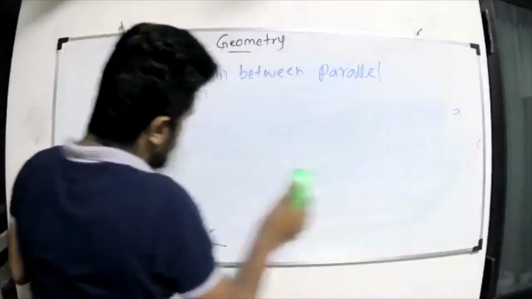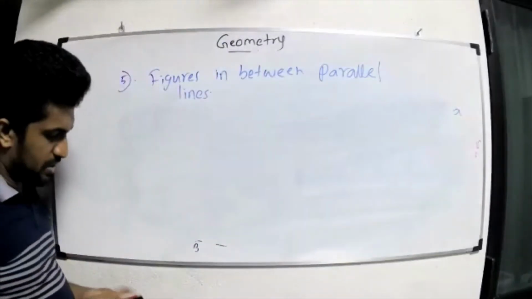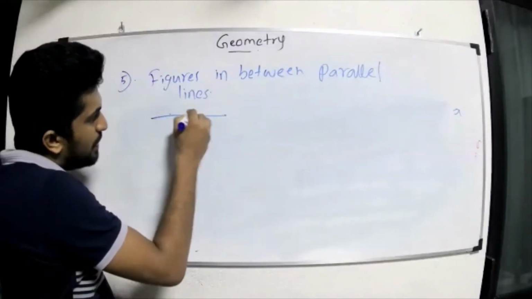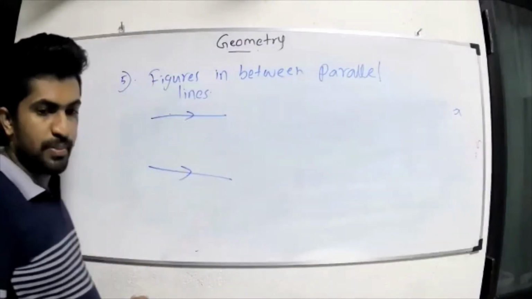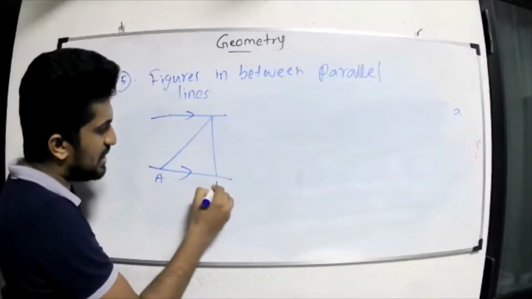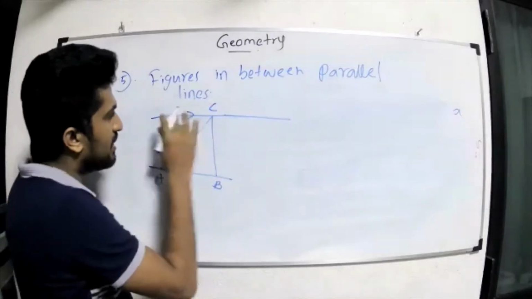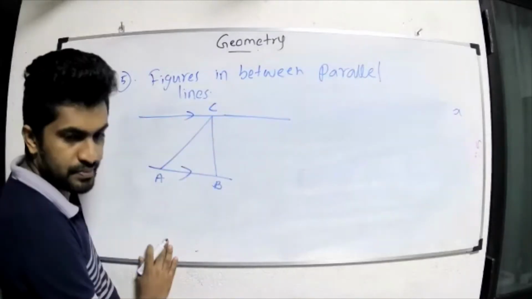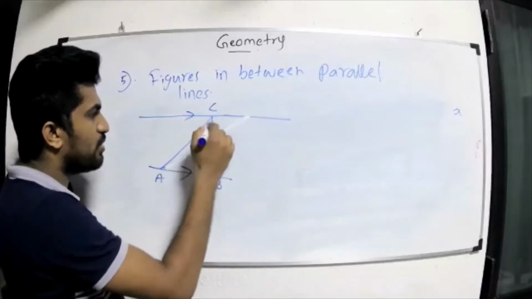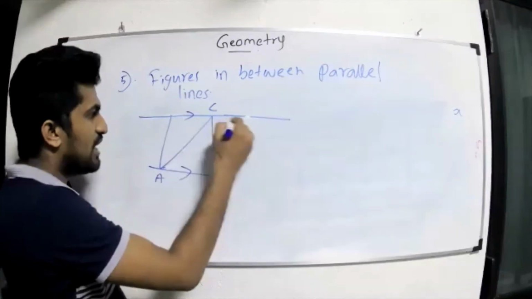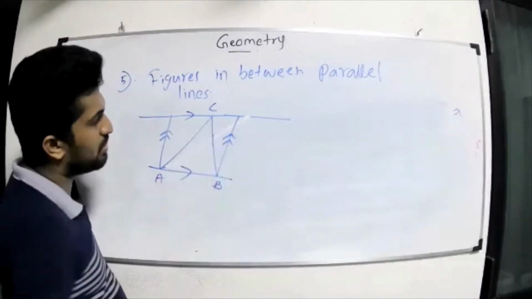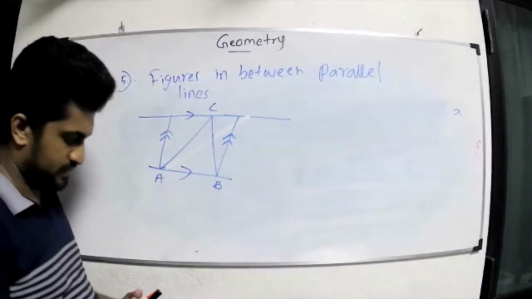Next one is a triangle and a parallelogram. Two lines are parallel to each other. There is a triangle, if this is ABC, and a parallelogram, which lie in between the same parallel lines and on the same base.